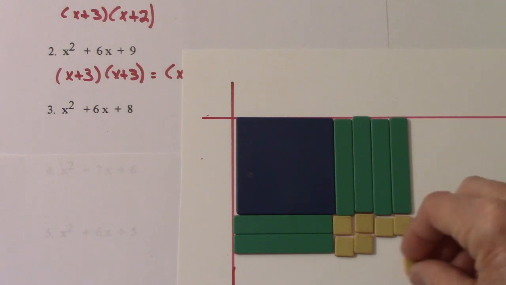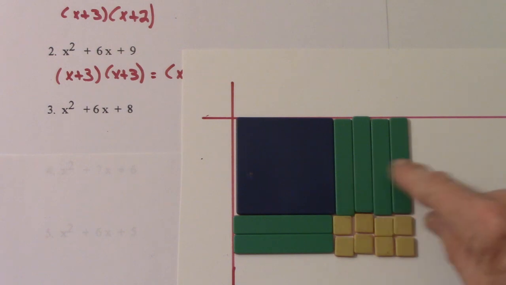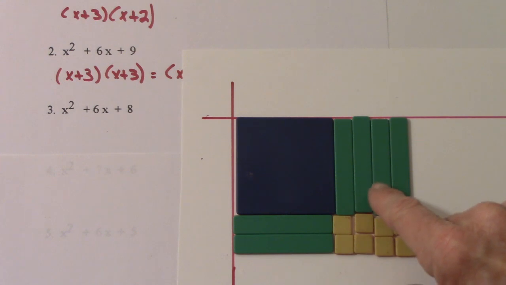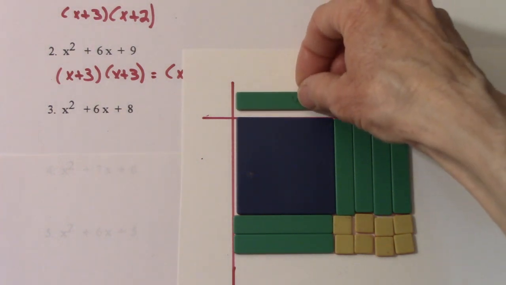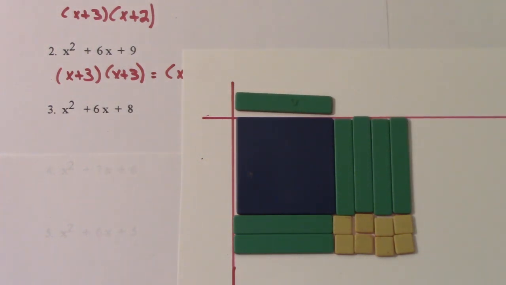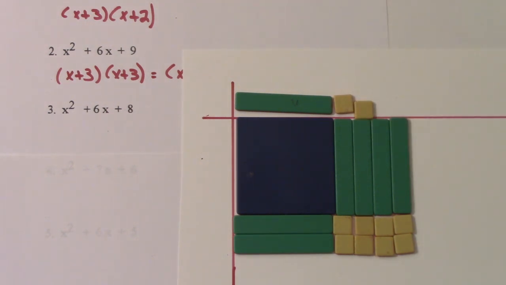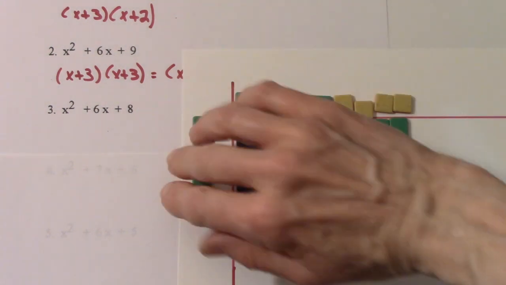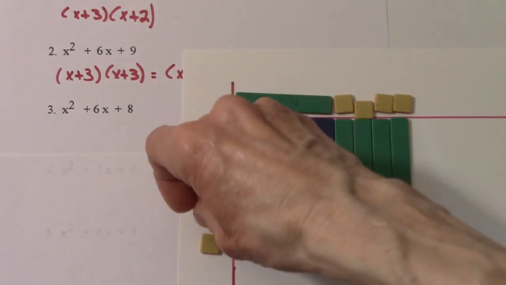So what is happening is I'm going to move these around so that when I multiply this one times this, it will give me the number of units that I want. So in this case I get x plus 4 and x plus 2.